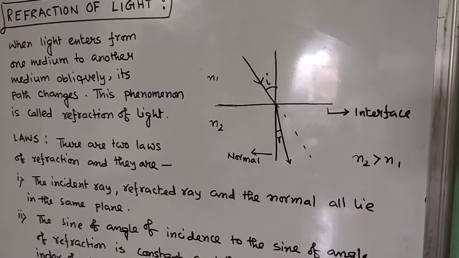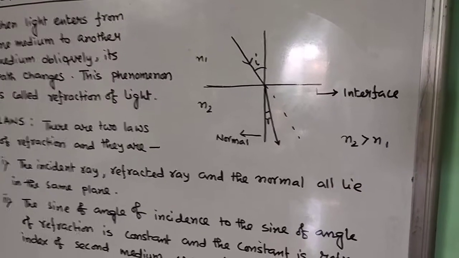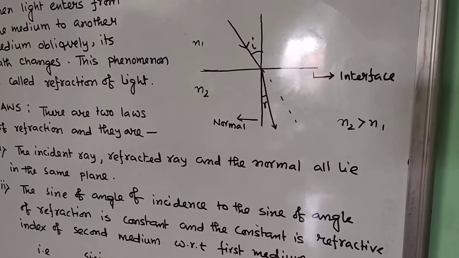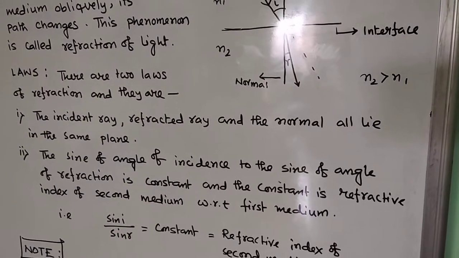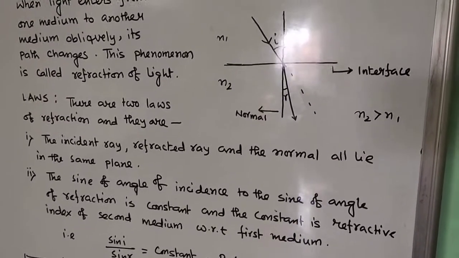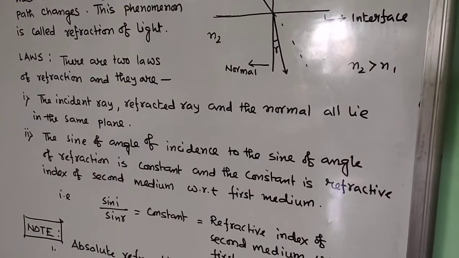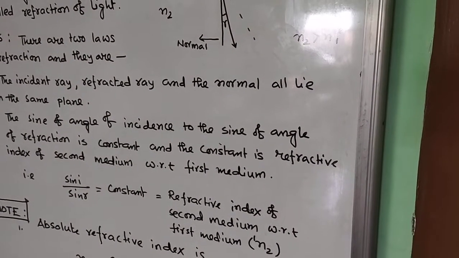And the second law is the sine of angle of incidence to the sine of angle of refraction is constant, and the constant is refractive index of the second medium with respect to the first medium. So sin I by sin R is constant. Sine is a trigonometric term. Sin I by sin R is constant, and that constant is the refractive index of second medium with respect to the first medium.